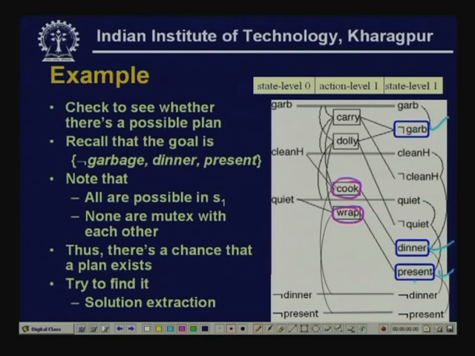Now, carry is mutex with cook. So, we cannot take carry. Then we have to consider dolly. Dolly is mutex with wrap, so we cannot take the action dolly. So, in none of these ways can we satisfy the not garbage goal.